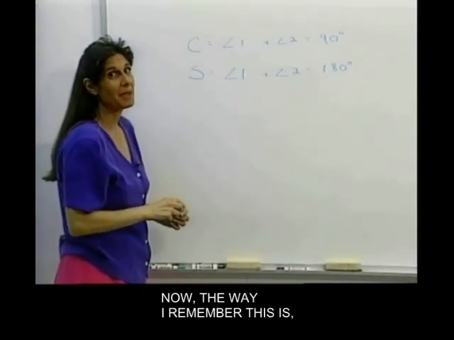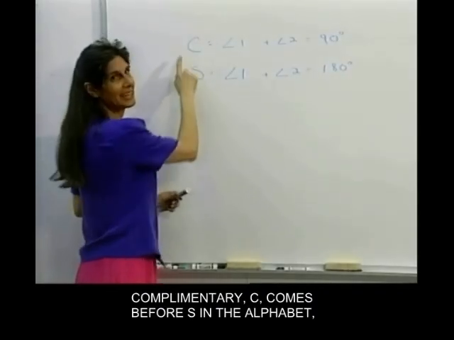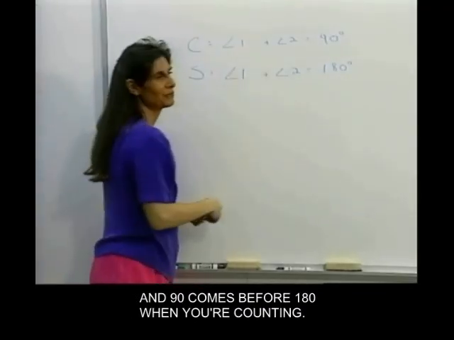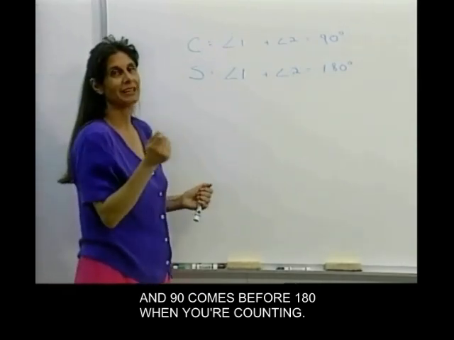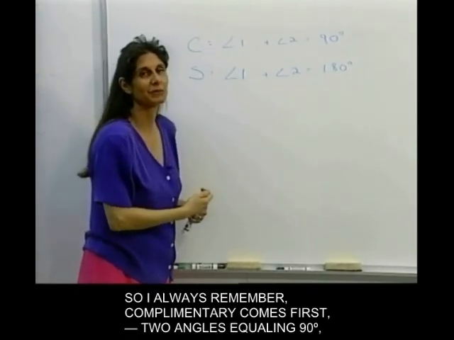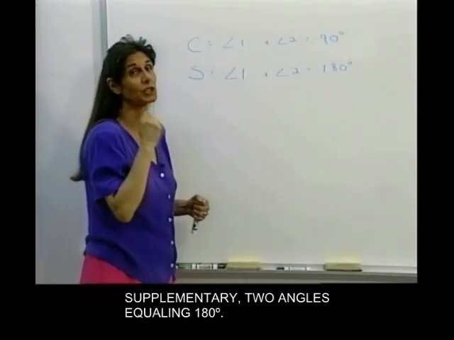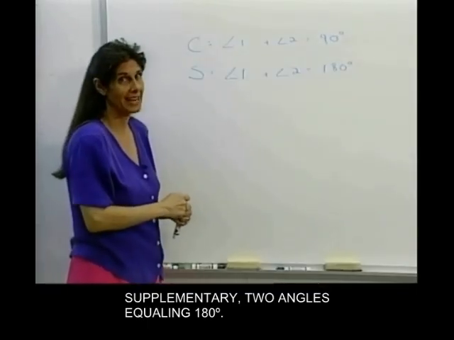Now, the way I remember this is complementary, C, comes before S in the alphabet, and 90 comes before 180 when you're counting. So I always remember complementary comes first, 2 angles equaling 90 degrees. Supplementary, 2 angles equaling 180 degrees.